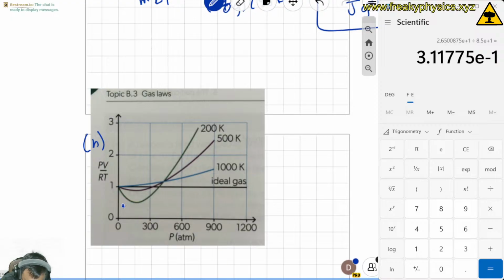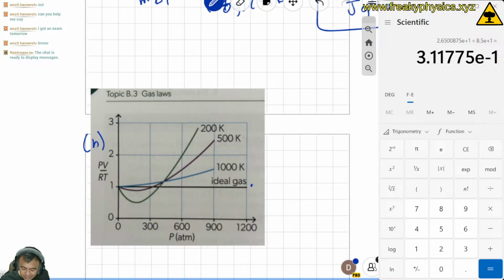At 0 atmospheres, let's just do the ideal gas. For an ideal gas, it doesn't really matter what you have. If you have 1 mole of gas and you put it under different pressures, you'll get this graph.